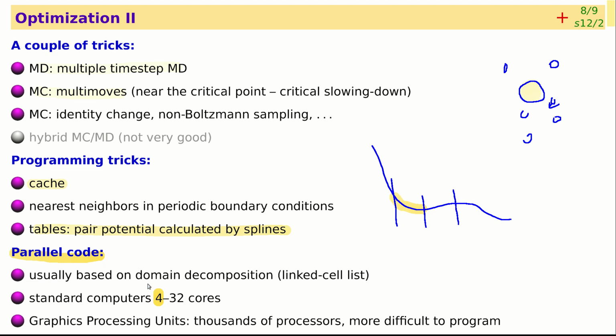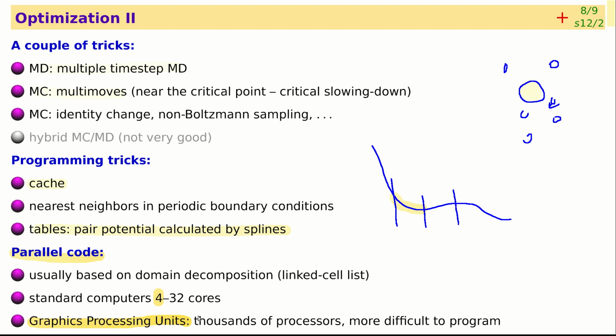But real large calculations are now done on the graphics processing units. You know these graphics processing units from computer graphics. They are heavily used in computer games. They can render different creatures on the screen very fast, but they can also be used for calculations.